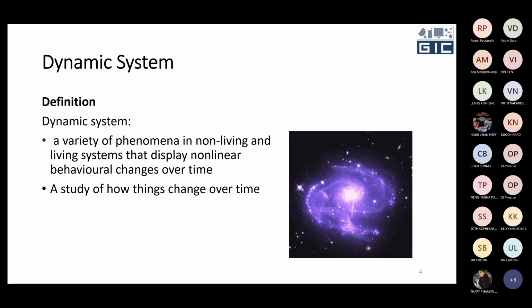When you come up with an answer to the question about the definition, you can combine all three definitions, or you can just say it is the understanding and study of the phenomena of non-living or living systems, in a complex way, to find out how things change over time, or display some non-linear behavior over time.